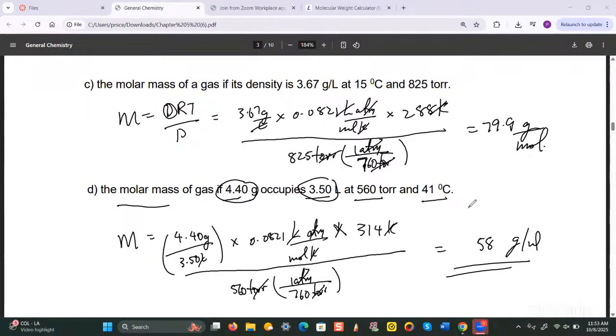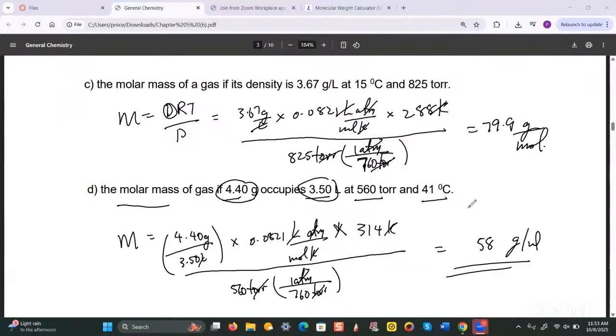All right. Let me do it again just to make sure. 4.40 divided by 3.5 times 0.0821 times 314 divided by... Okay, I got something different now.